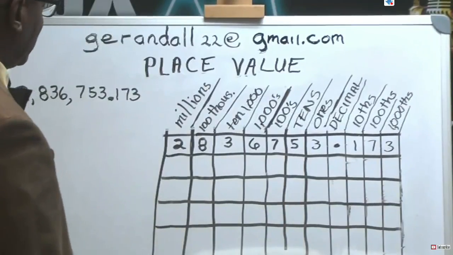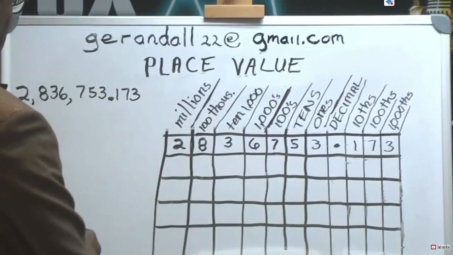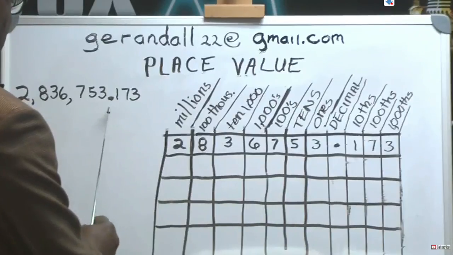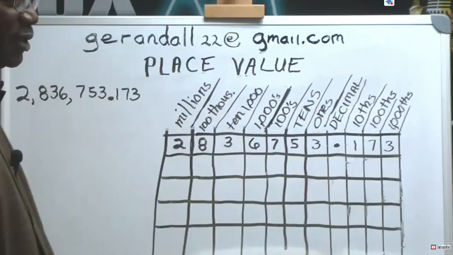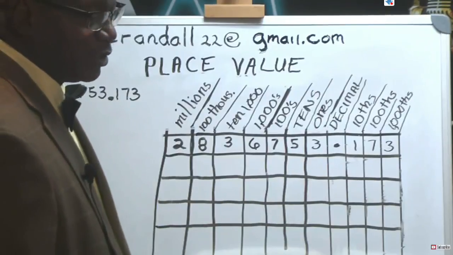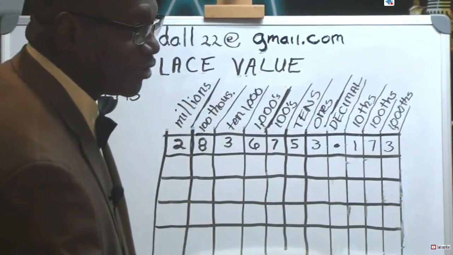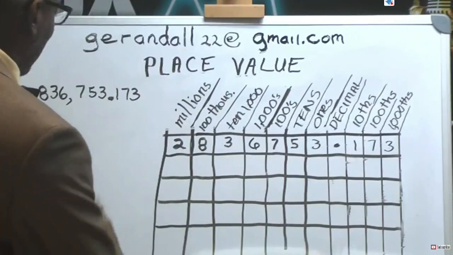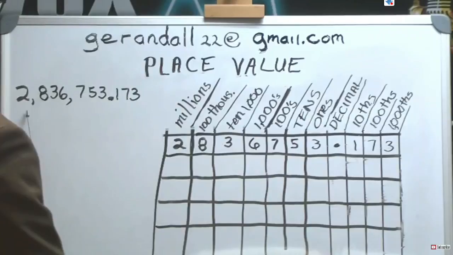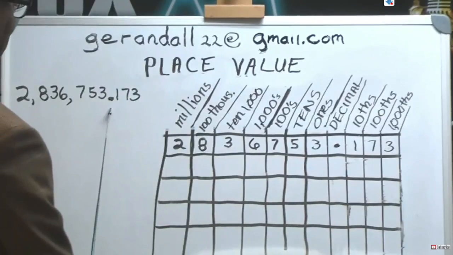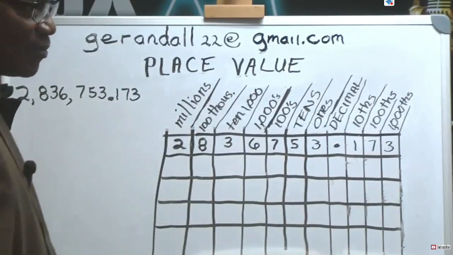Place value identifies how to pronounce each portion of this number. Oftentimes, we speak of six-figure incomes. Well, today, we're looking at 7 figures, a decimal, and 3 more.